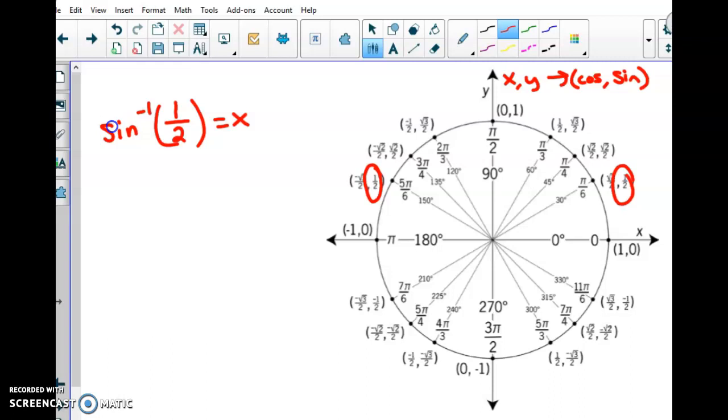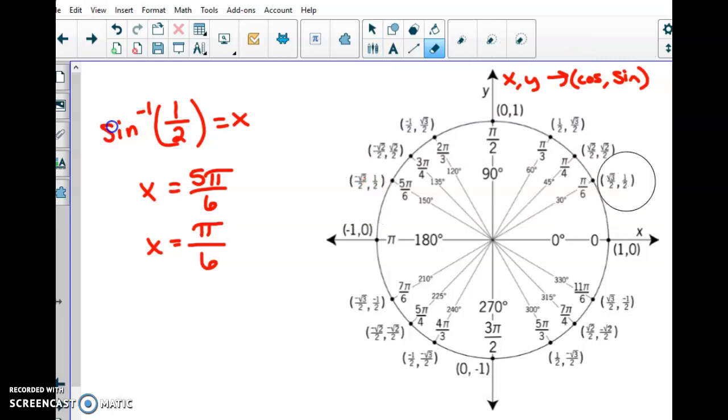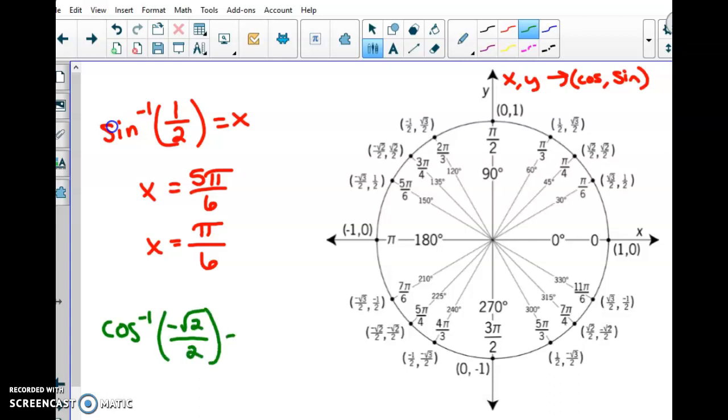Since it equals a half in those locations, I'm going to be using that angle measure. Whenever you're looking for an inverse, you're looking for an angle measure. So in this situation, my x value, I'm going to have two of them, is going to be at 5π/6 as well as π/6, because I was looking for where sine equals a half using my unit circle. I could do the same thing with cosine to the power of -1 of negative square root 2 over 2 equals x.